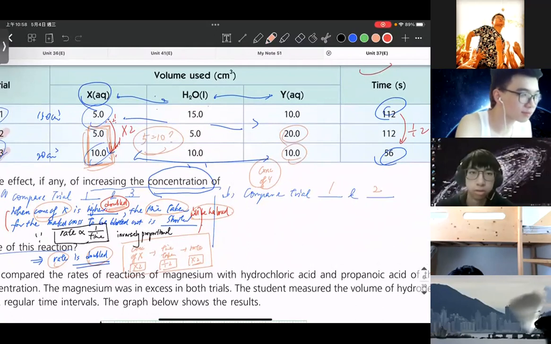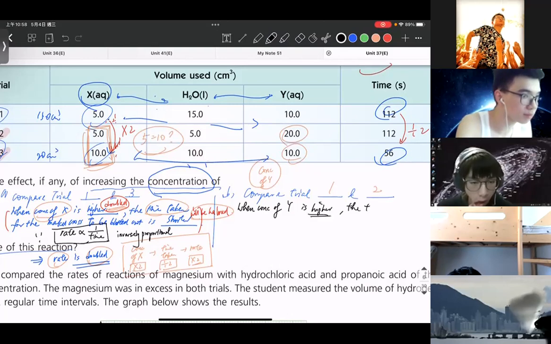When the concentration of Y is higher, the time taken remains the same. So what is the hidden message? You just told me the time only. How about rates?